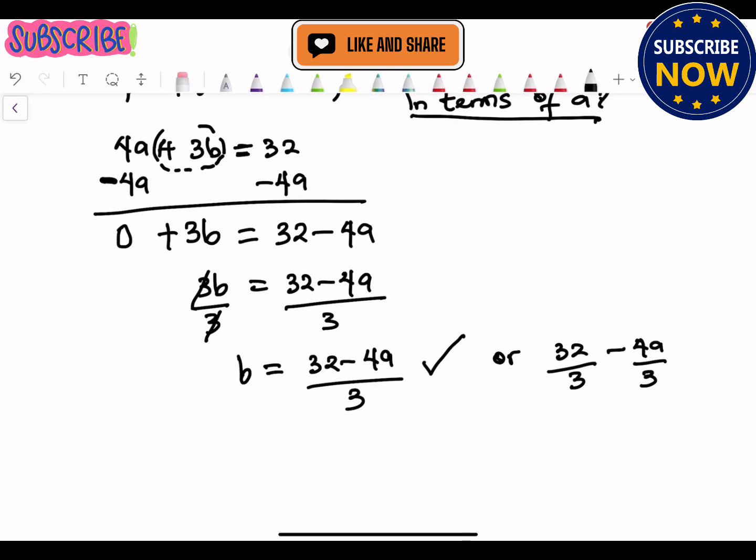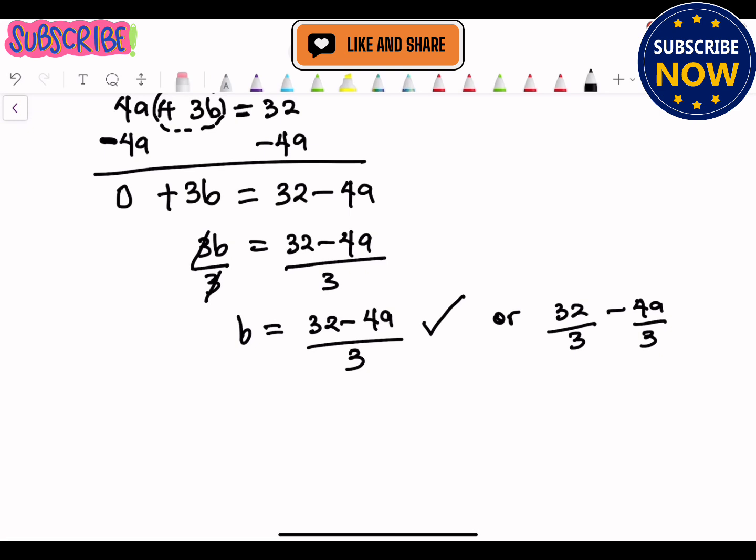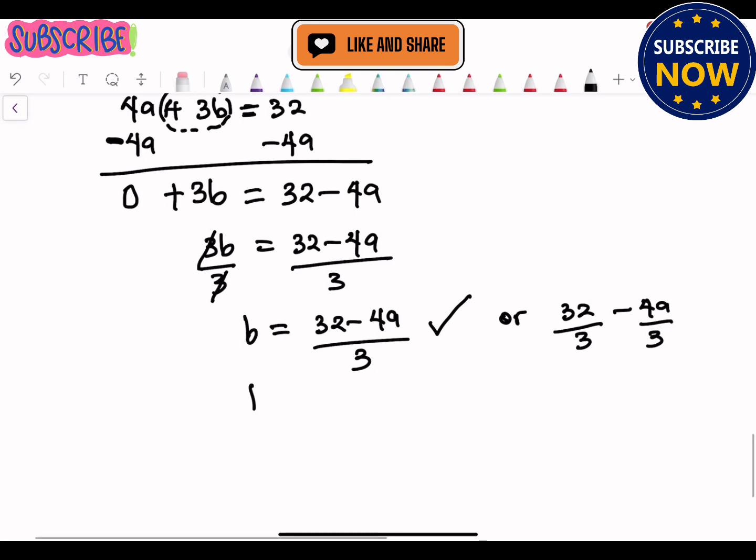If you can simplify the denominator and numerator, you simplify. But this we can simplify further. They can also rewrite the answer as: we know 32 is the same thing as 4 times 8, minus 4a over 3.